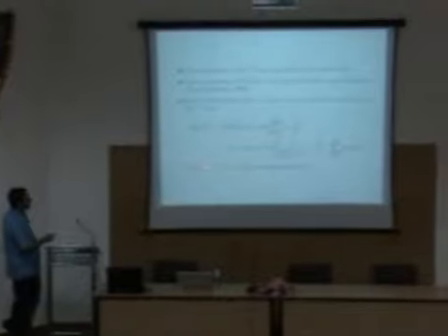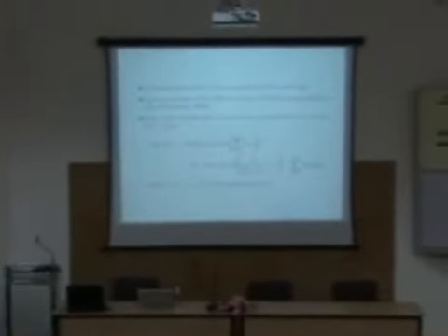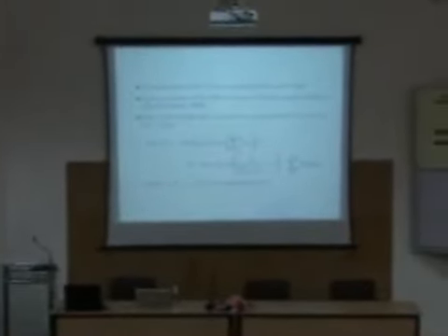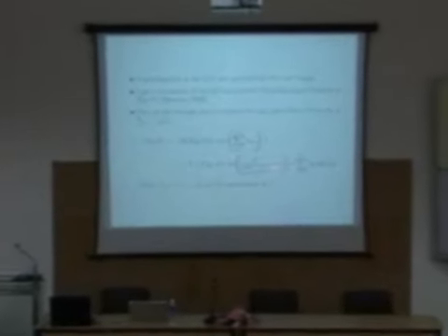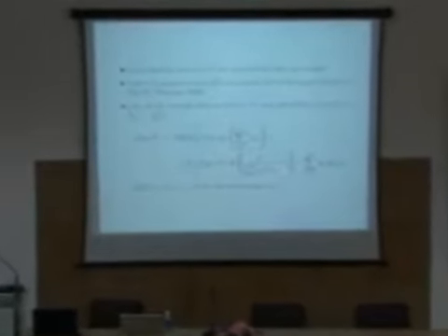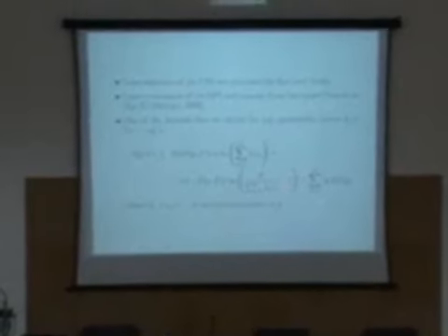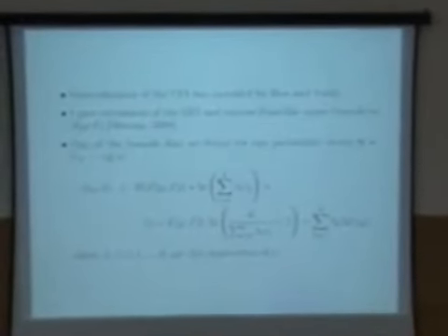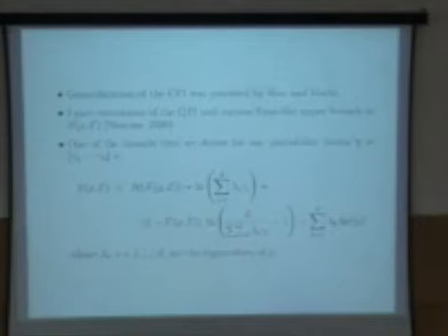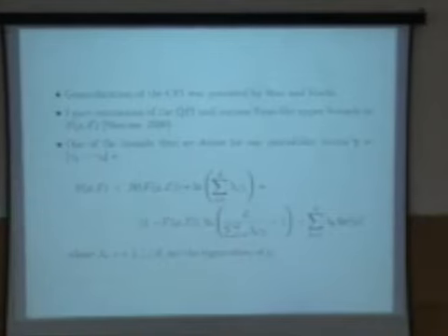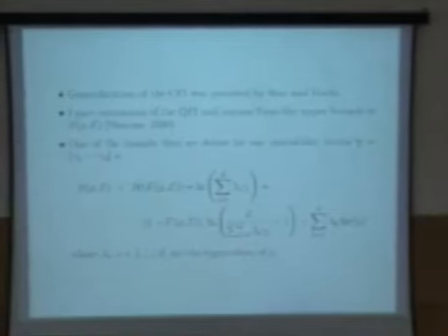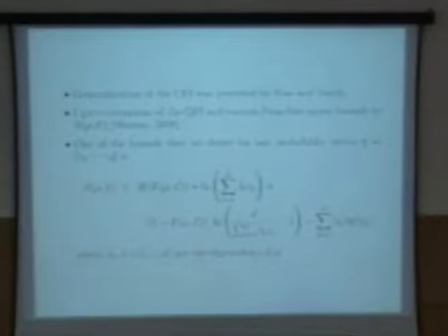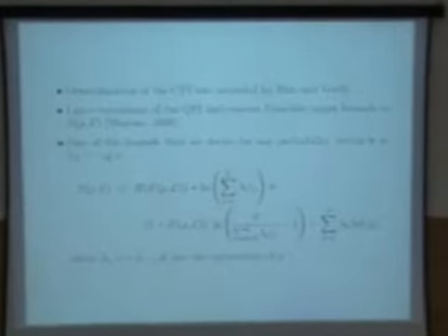Now, where the lambda i's here are eigenvalues of rho, and if you were to choose the gamma i to be 1 over d, then it would give you back the vanilla quantum Fano inequality, but actually you can do more. Because this is a stronger version, you can make the bound even tighter.